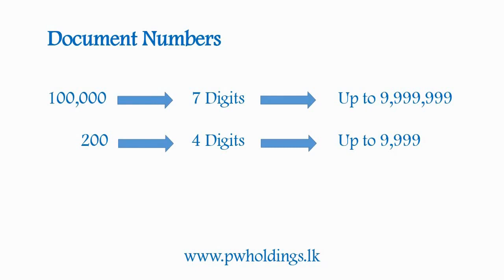You can enter up to 9,999,999 transactions. If you have only 200 transactions per year, a 4 digit number is enough for the invoice number. Then you can enter up to 9,999 transactions.